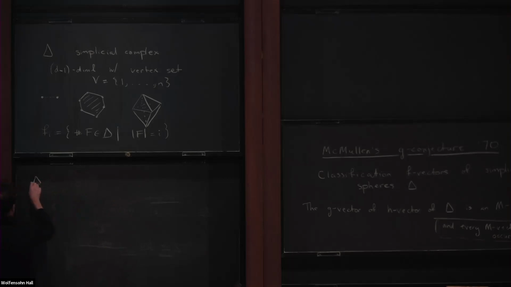Okay, so how does this go? In our case, let's take the different pieces of the theorem. I have a simplicial complex, and its dimension is d minus 1.